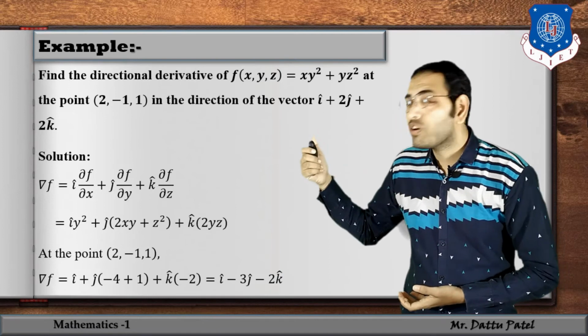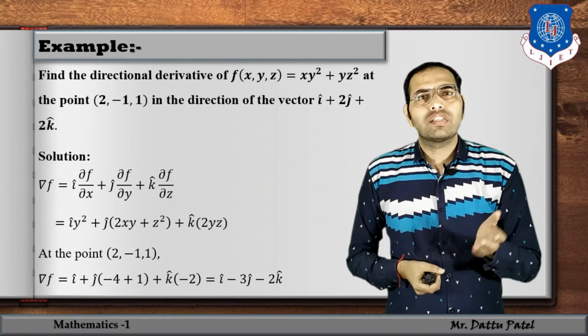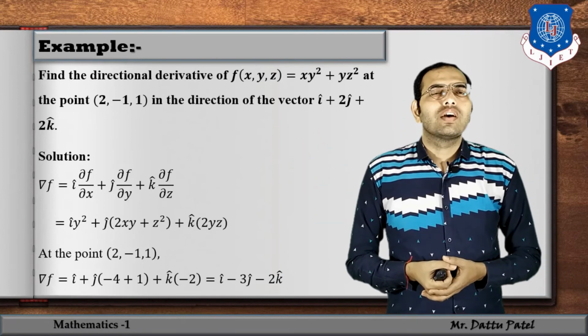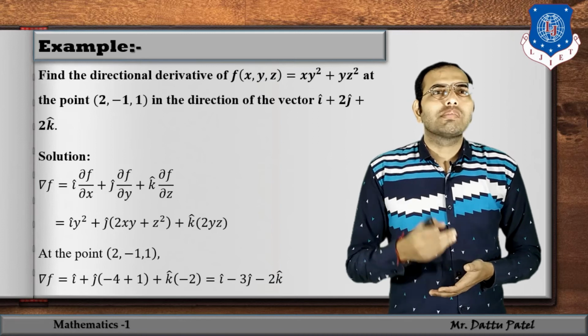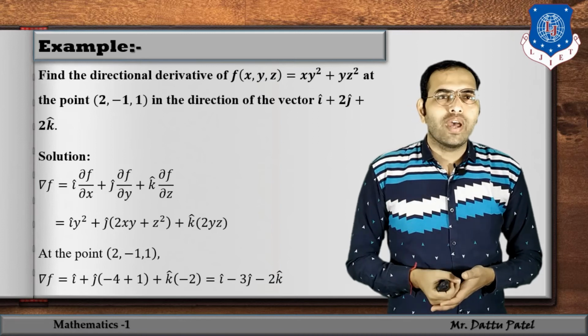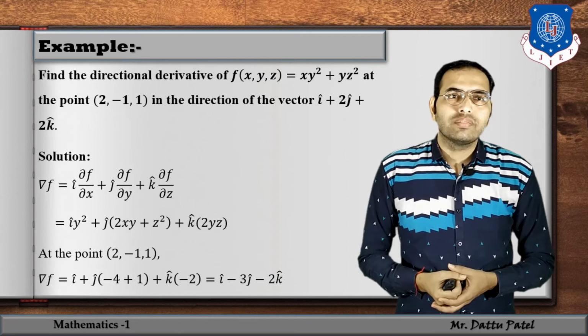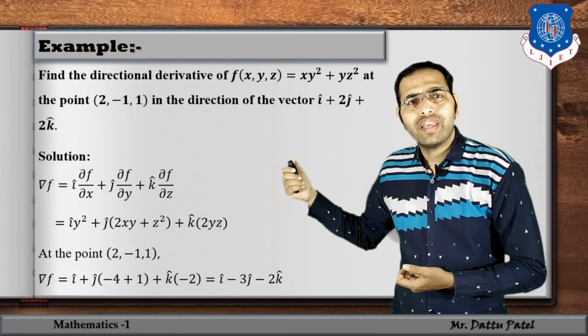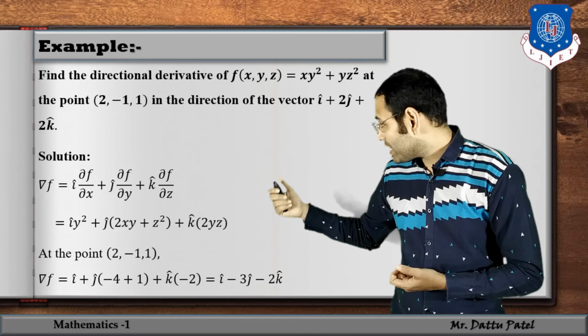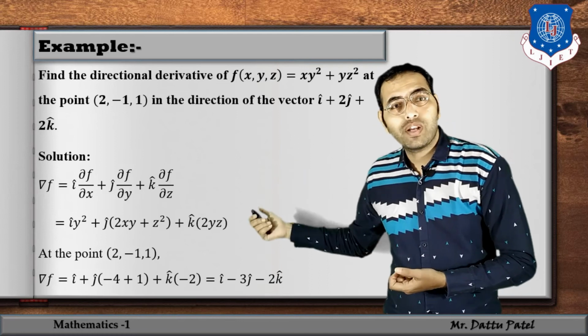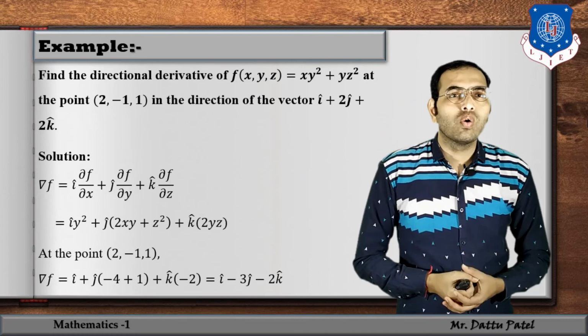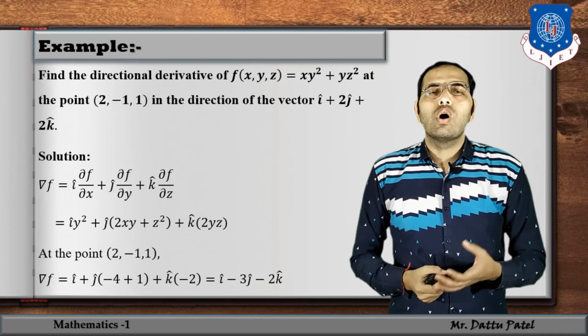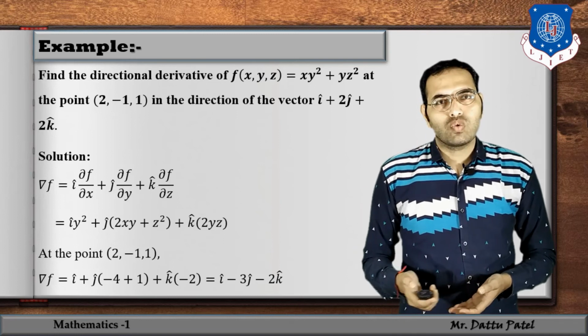Then the partial derivatives with respect to x, y and z give i y square plus j 2xy plus z square plus k 2yz. Now substituting x as 2, y as minus 1 and z as 1 in this equation gives nabla f equals i minus 3j minus 2k.